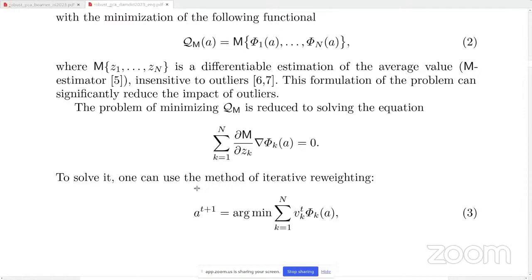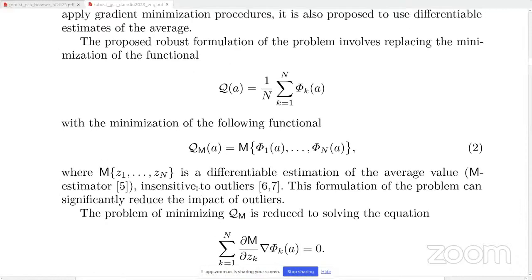Each task minimizes a functional similar to the average, but it is a weighted average of the values.